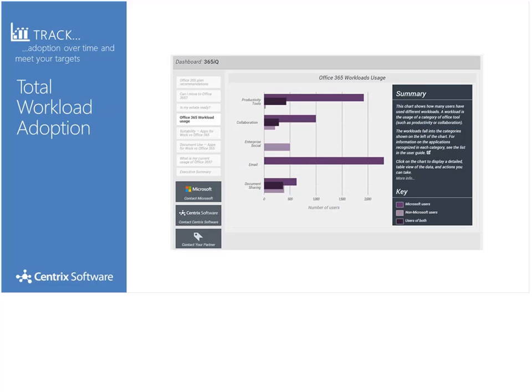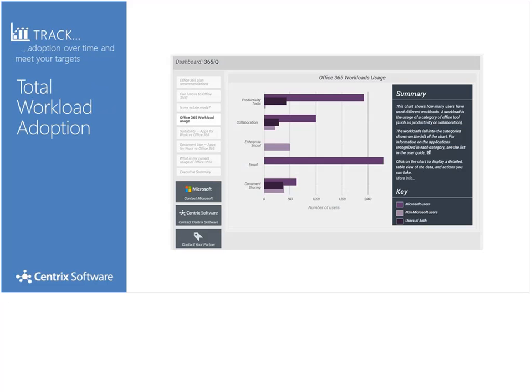Following this, as you undertake your deployment, what you will want to do is to be able to track your workload adoption over a period of time. Often we find that organisations will adopt Office 365 and any other technology on a per technology basis.